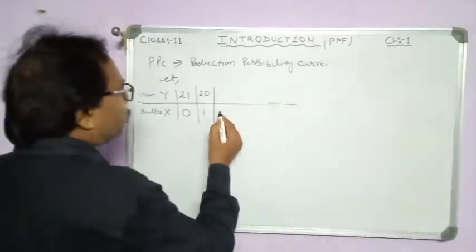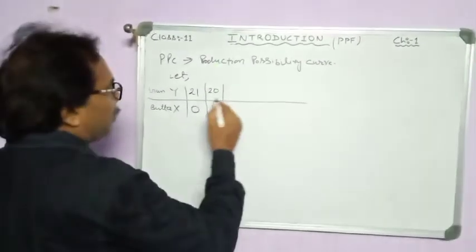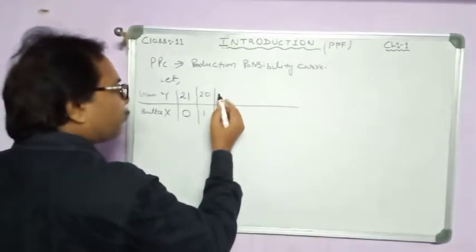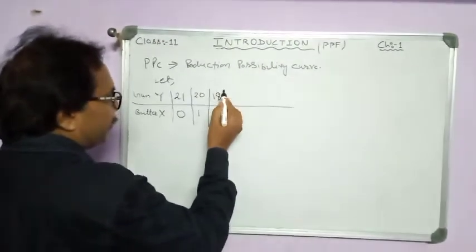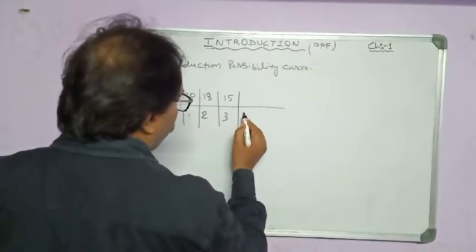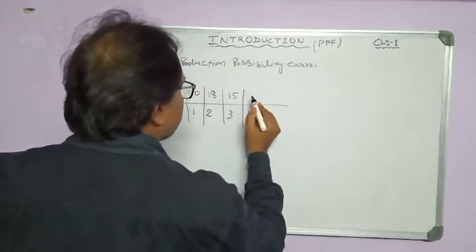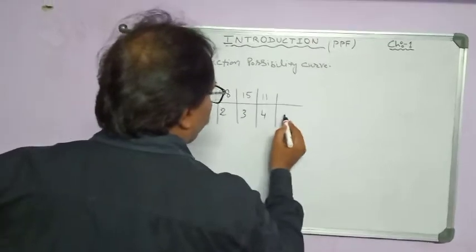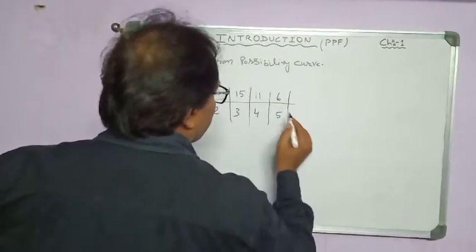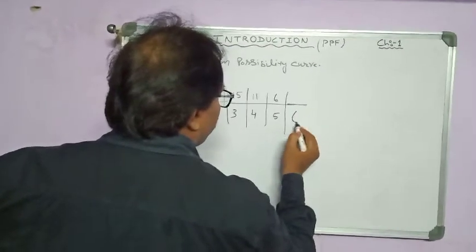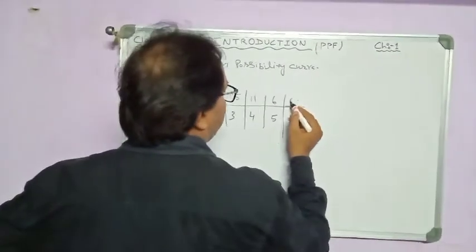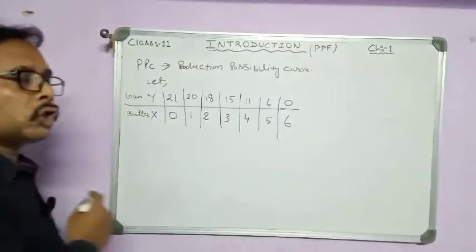For 2 units of butter, 2 more units of gun will be sacrificed. So that is 18. For 3 units, that is 15. For 4, that is 11. For 5, that is 6. And if we want to produce 6 units of butter, the production of gun will become 0.